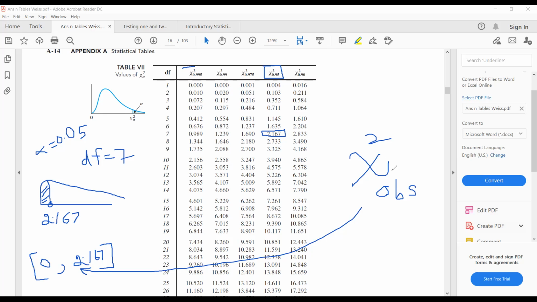If the value of observed chi-square is 2.167 or above, this is called the acceptance region. The acceptance region is from 2.167 up to plus infinity. If this chi-square value falls in the acceptance region, we will accept the null hypothesis and our conclusion will be in favor of H0.